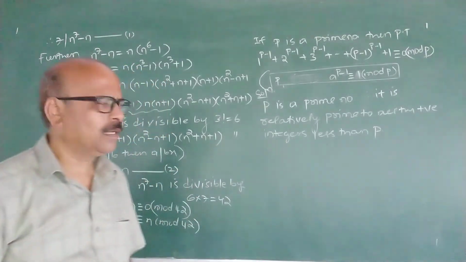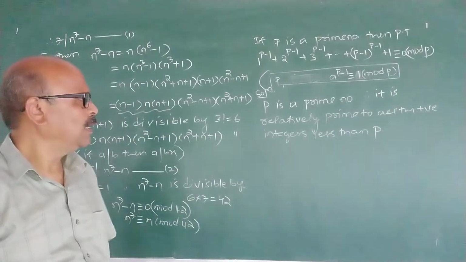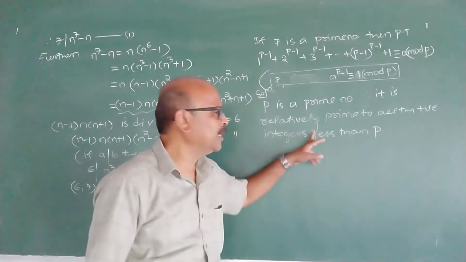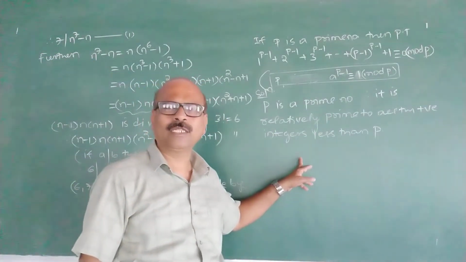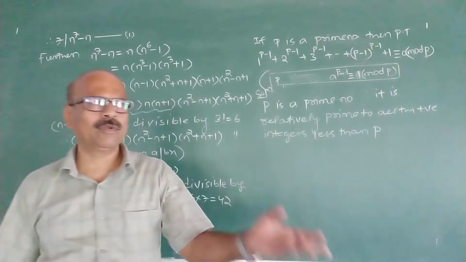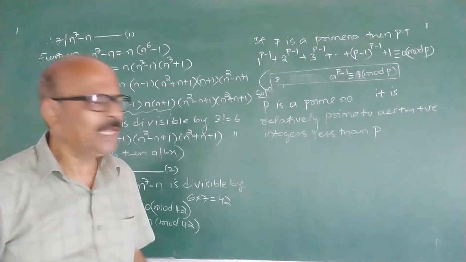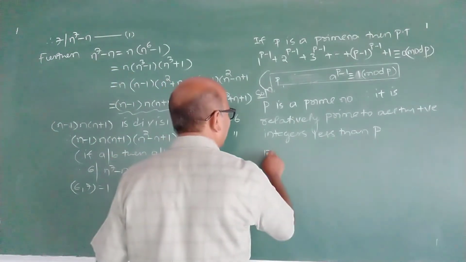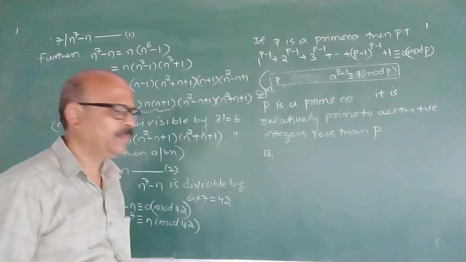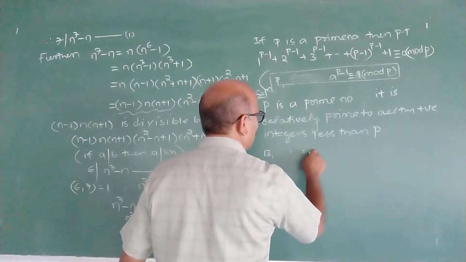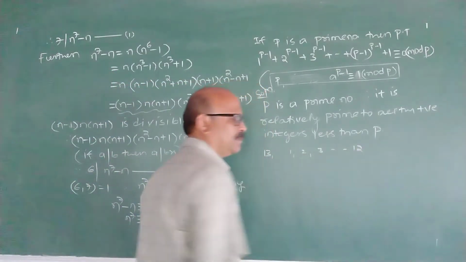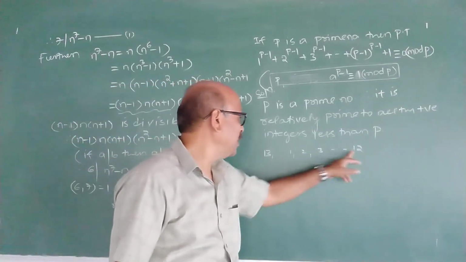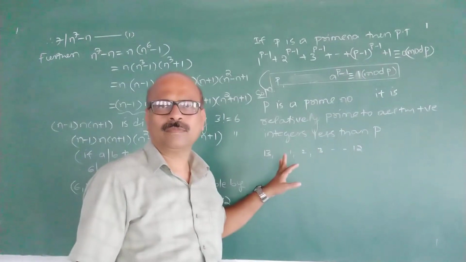Did you understand the concept here? If P is a prime number, it is relatively prime to all the numbers less than P, and also relatively prime to all the numbers greater than P except multiples of P. If I take an example, it will be clear. 13 is a prime number. It is relatively prime to 1, 2, 3 up to 12, because 1, 2, 3, up to 12 and 13 have no common factors.